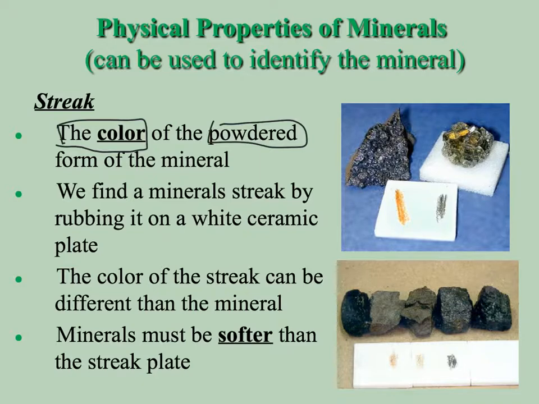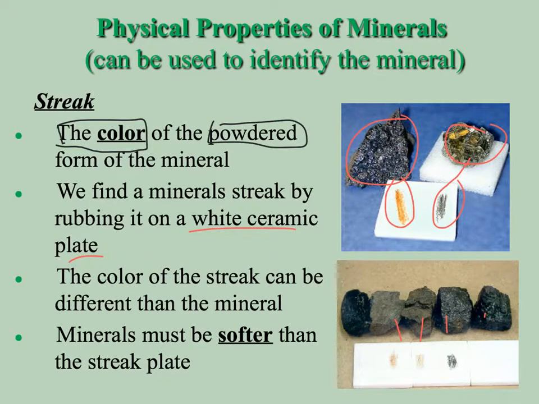So you could have a mineral like you see over here, and let me change the color of my pen really quick. Over here, you have a mineral that looks dark but streaks gold, and then a mineral that looks gold but streaks more of the dark color. You can even see some of those differences down here. So we use what is called a streak plate, a white ceramic plate, and we're going to try to use those.